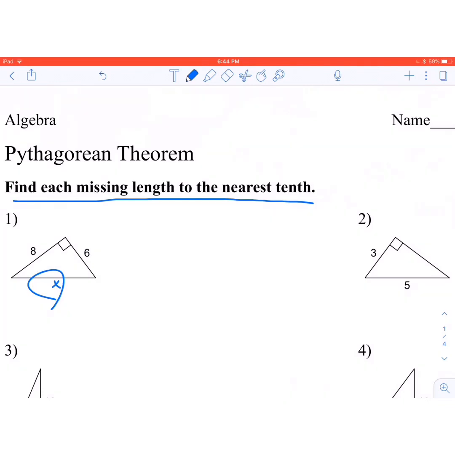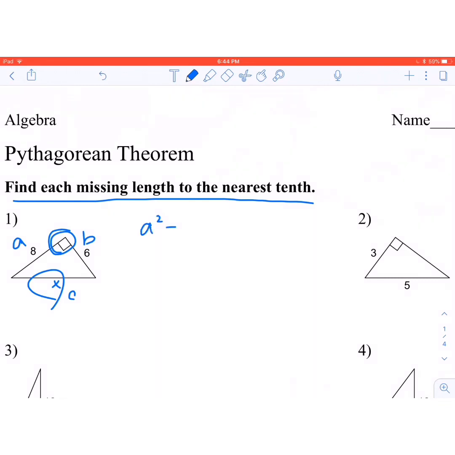So we can say 8 is a, 6 is b, and c is x, the unknown. It doesn't matter which one is a or b; what matters is which one is c, the hypotenuse. Because we're given that it's a right triangle, we can use the Pythagorean theorem to find the length of x, the c value.